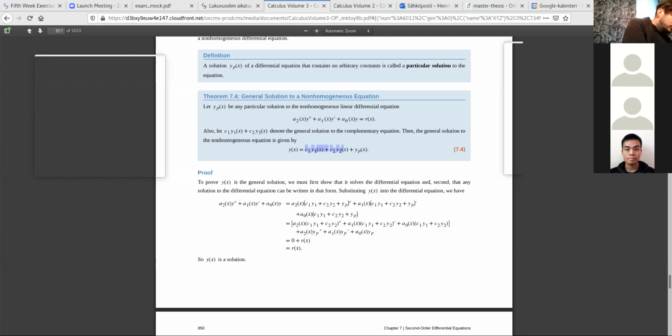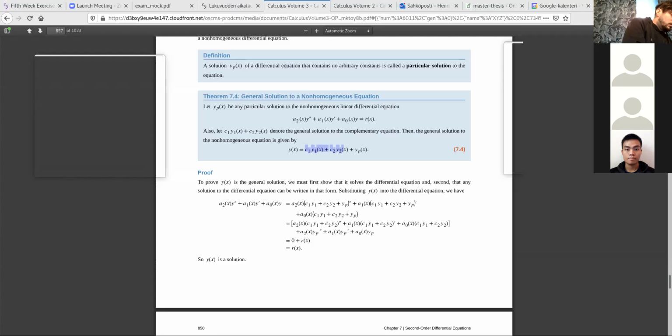In other words, we can write that EQ, whatever the equation is, we put this Yp in here, and then it's EQ(Yq) = R(x). So we have these two different solutions, and if we substitute them into the equation, we get the same, R(x).